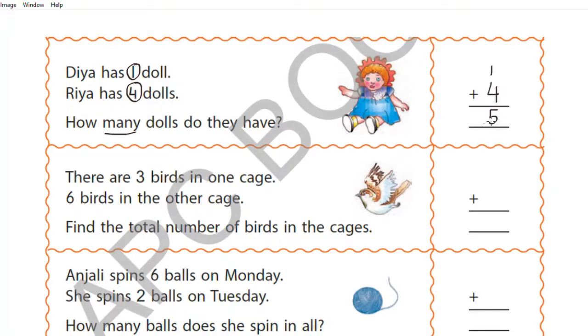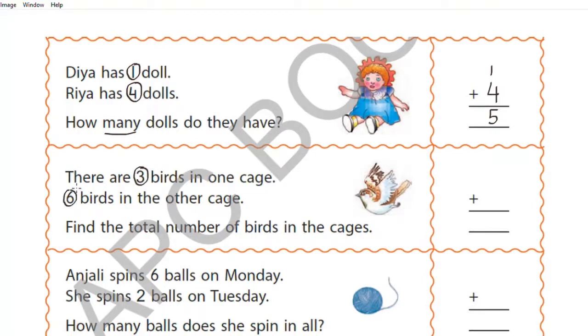Let's see the next. There are 3 birds in one cage. 6 birds in the other cage. Find the total number of birds in the cages. Now children, first you need to encircle the numbers in your word problem. And here the numbers are 3 and 6.